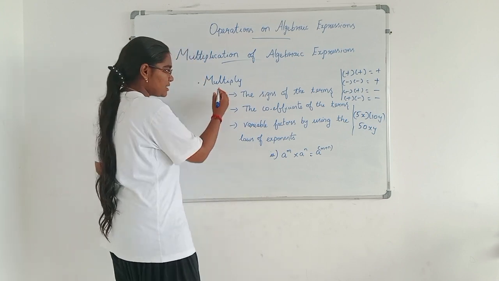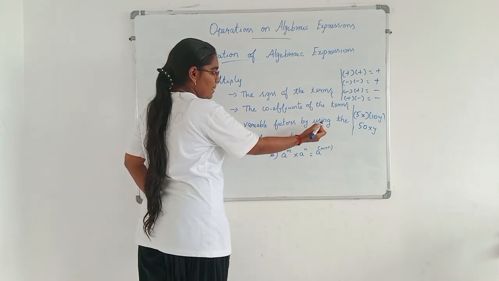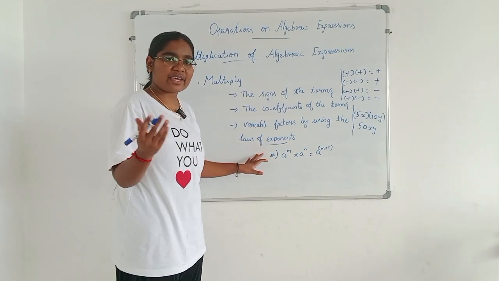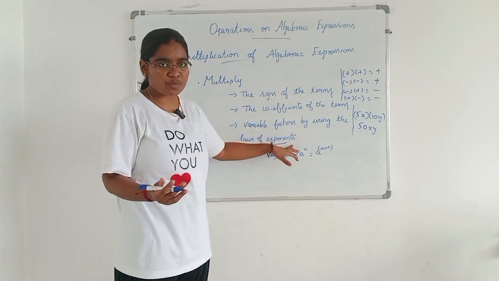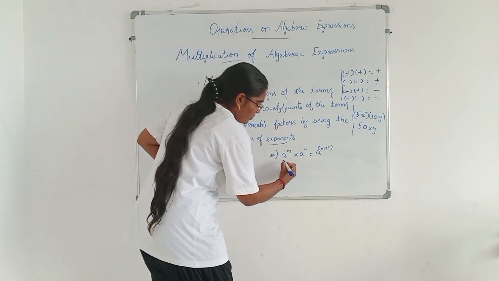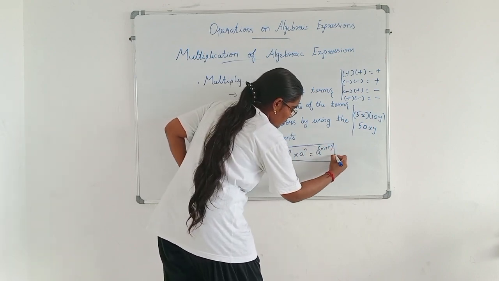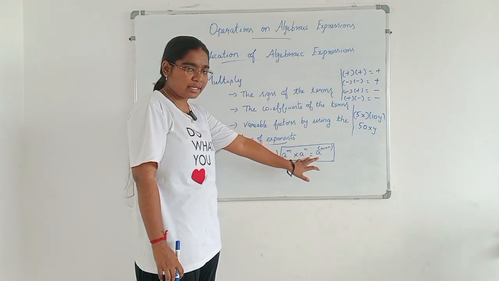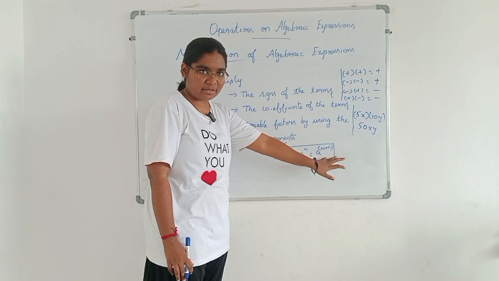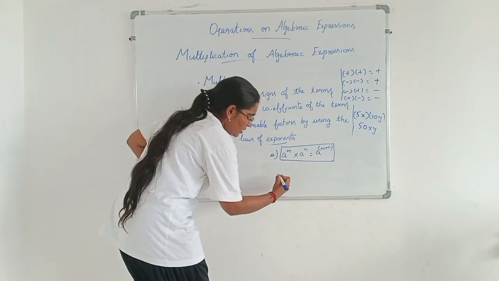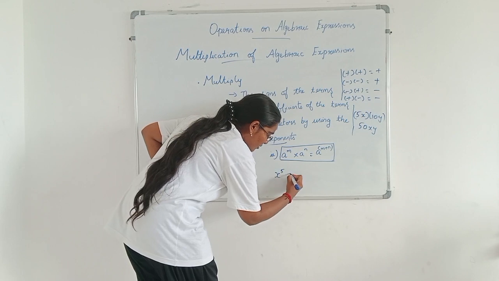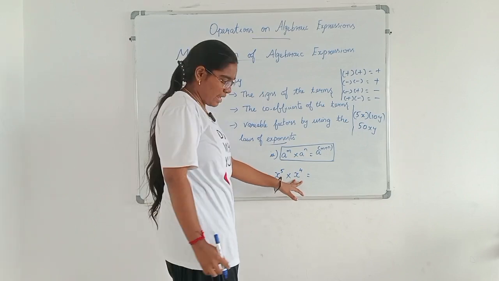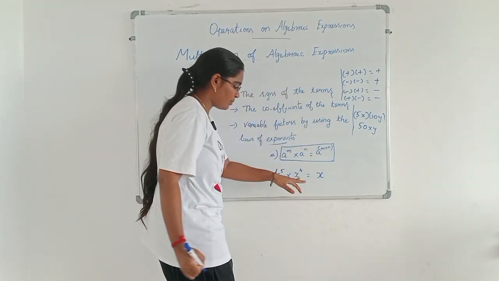Next, step 3. Step 3 is to multiply variable factors by using the laws of exponents. In another video, we can see this exponents concept elaborately. For now, you just study this law. A to the power of m into a to the power of n equals a to the power of m plus n. For example, x to the power of 5 into x to the power of 4 equals: the base is the same, so write that base as it is.